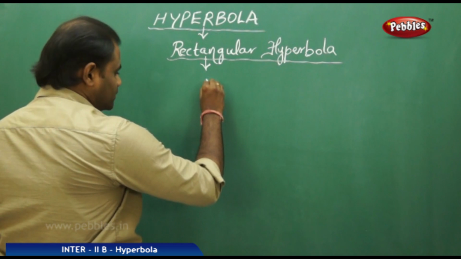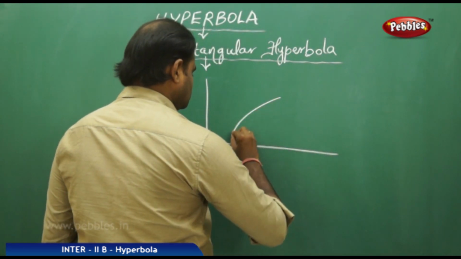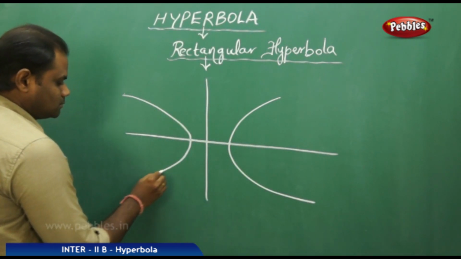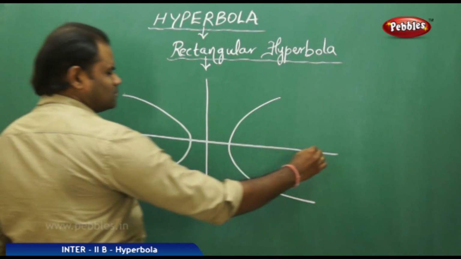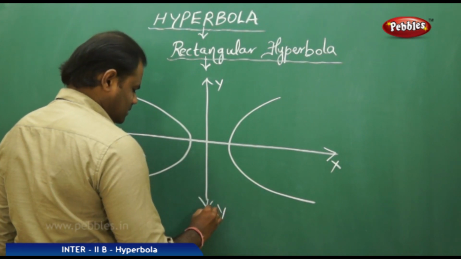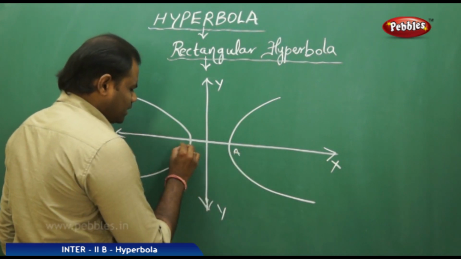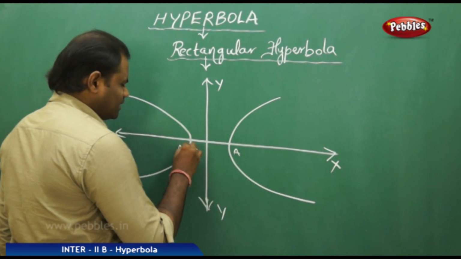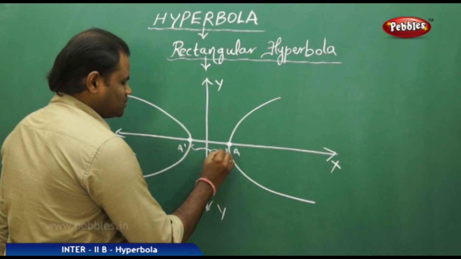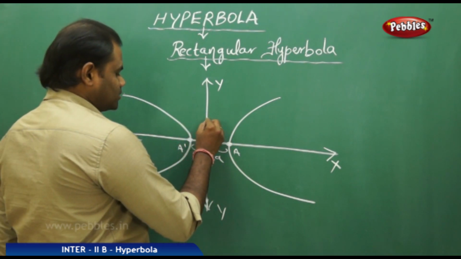That is, if I take this hyperbola in the standard form with x and y axes, then the length of the transverse axis, which is between A and A dash, is 2A, and it must be equal to the length of the conjugate axis.